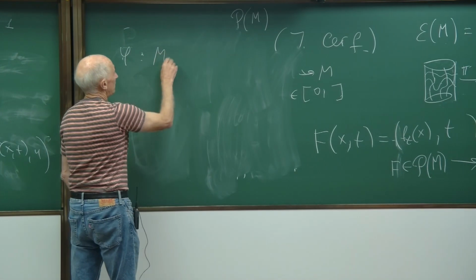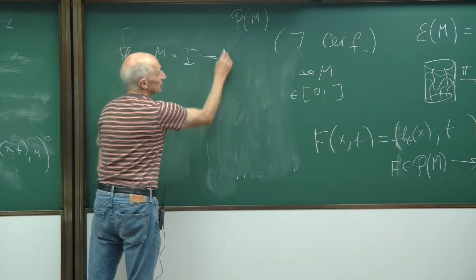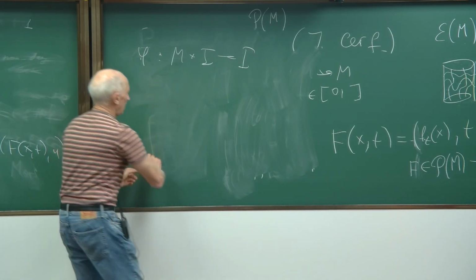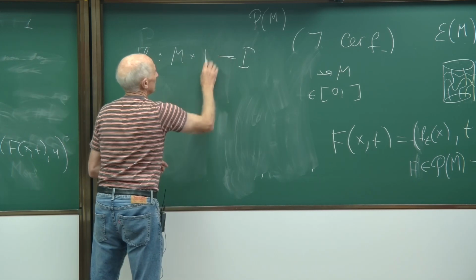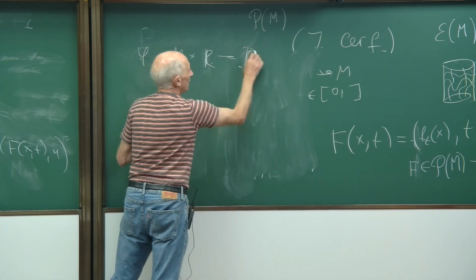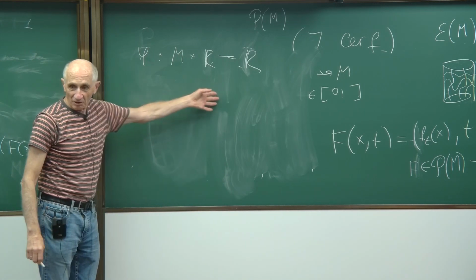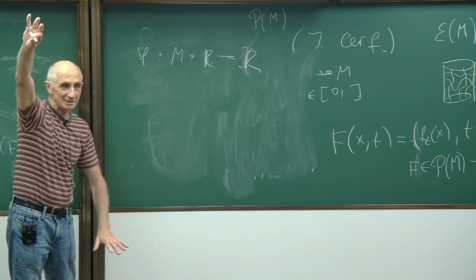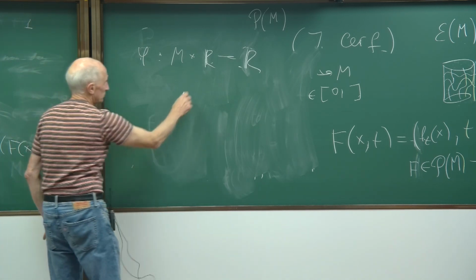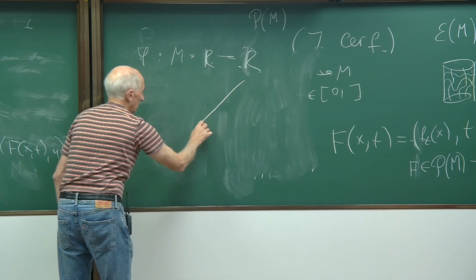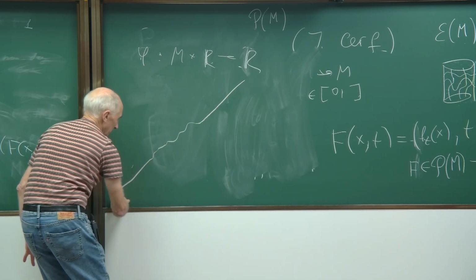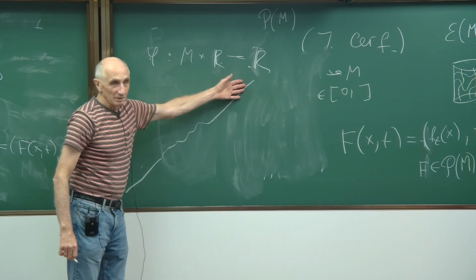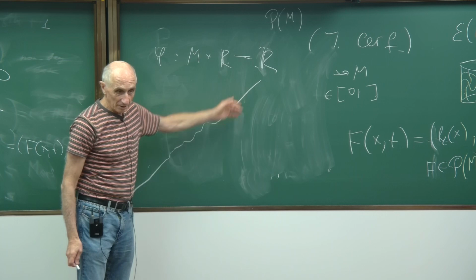Remember it was a function m cross I to I. But I would like to replace it by m cross R to R, requiring that this function is the standard linear function outside some domain. So you have a function which is something on a compact domain and linear outside, and this function has no critical point.